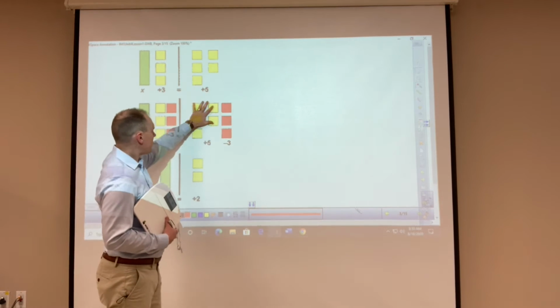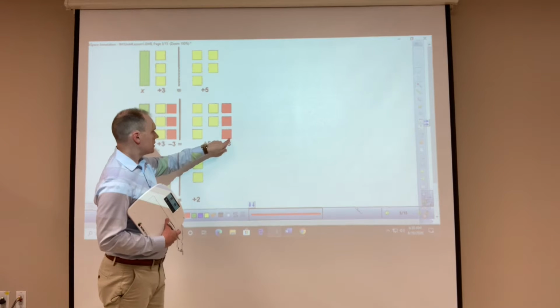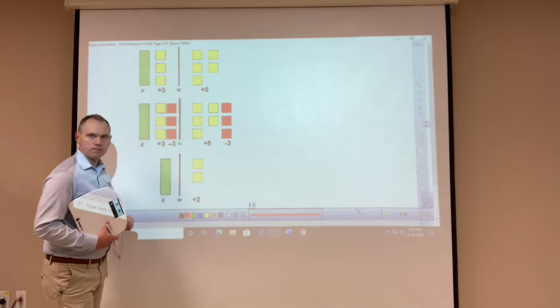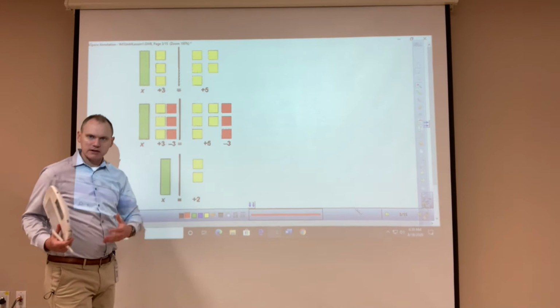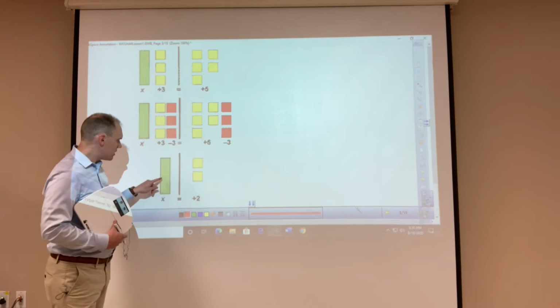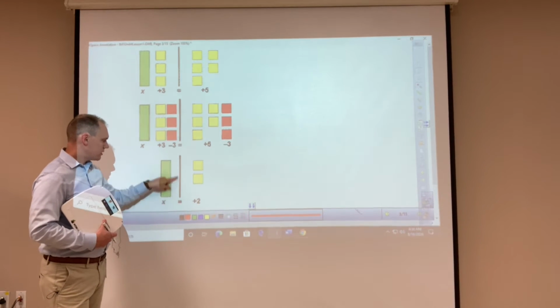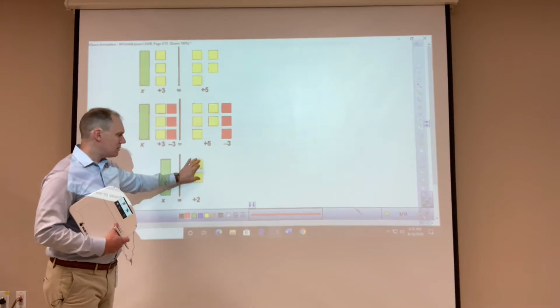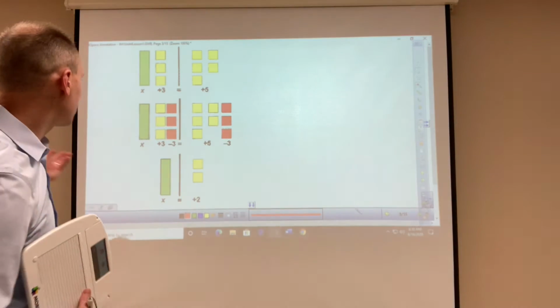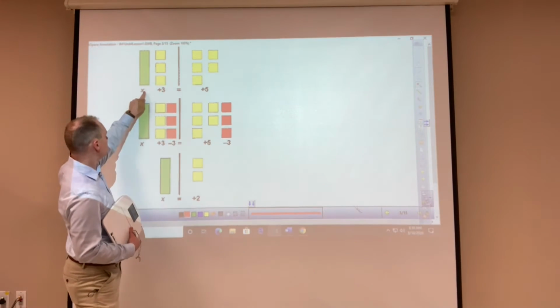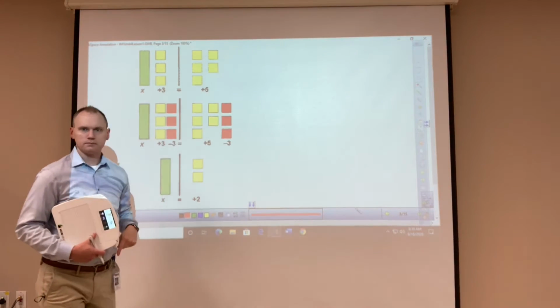If we take the 5 over here and subtract 3, we're only left with 2. Because this is an equation, the left side is equal to the right side. Now we know that the quantity x is the same thing as 2. So x is 2, which makes sense because 2 plus 3 equals 5.